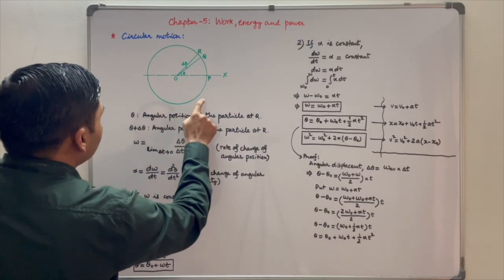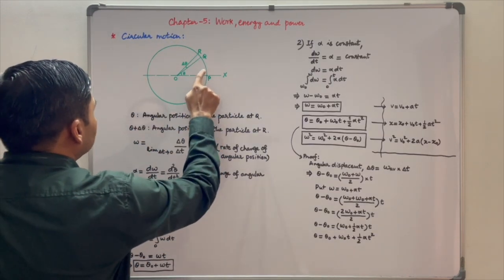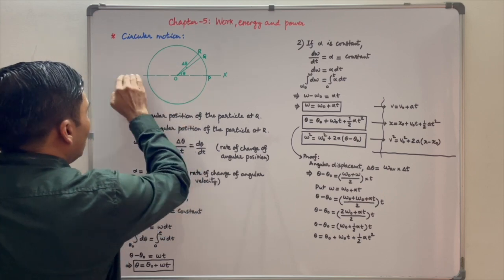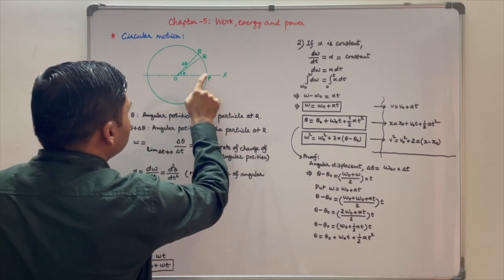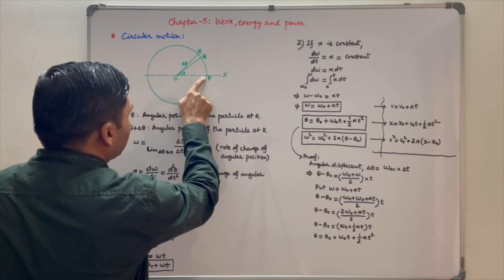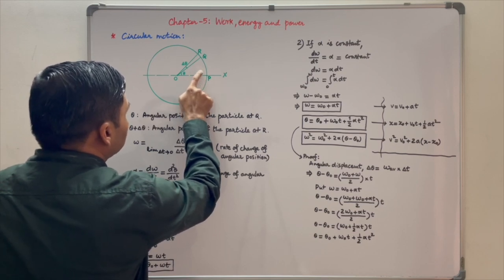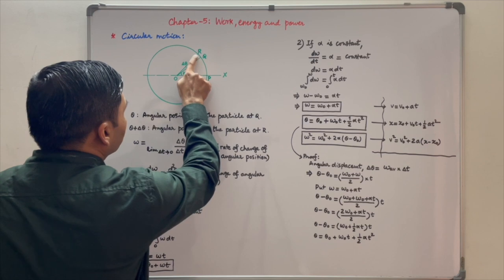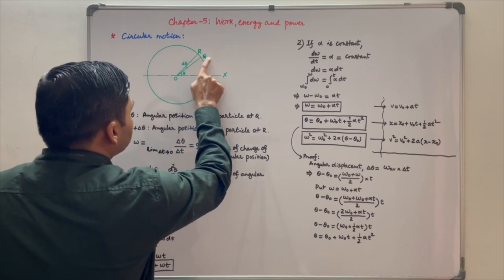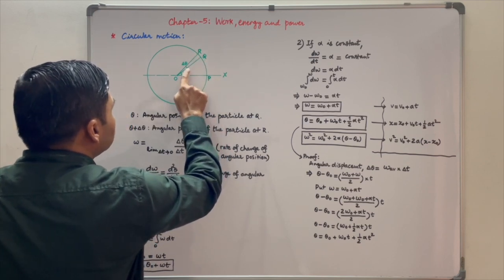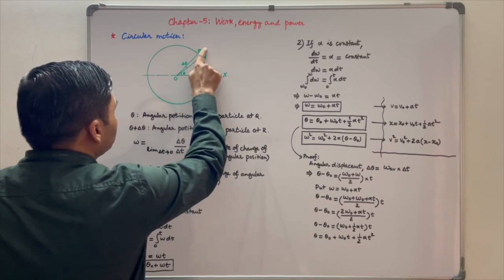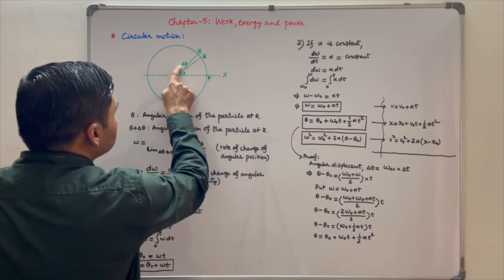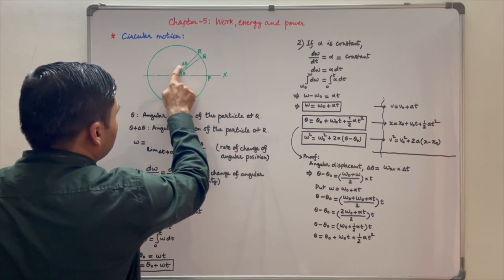Consider a particle moving on this circular path. It has center at O, with the x-axis. At t equal to 0, the particle was at point P. At t equal to t, the particle was at point Q. And at t equal to t plus delta t, the particle was at point R. At point Q, the angular position of the particle is theta. At point R, the angular position of the particle is theta plus delta theta, where delta theta is the angular displacement of the particle.